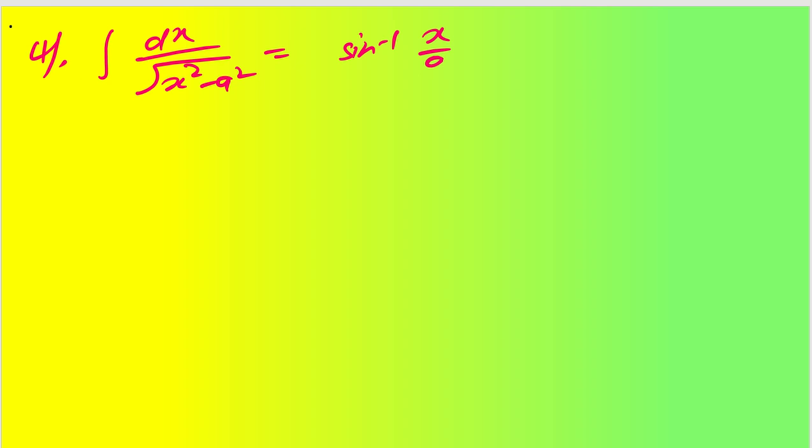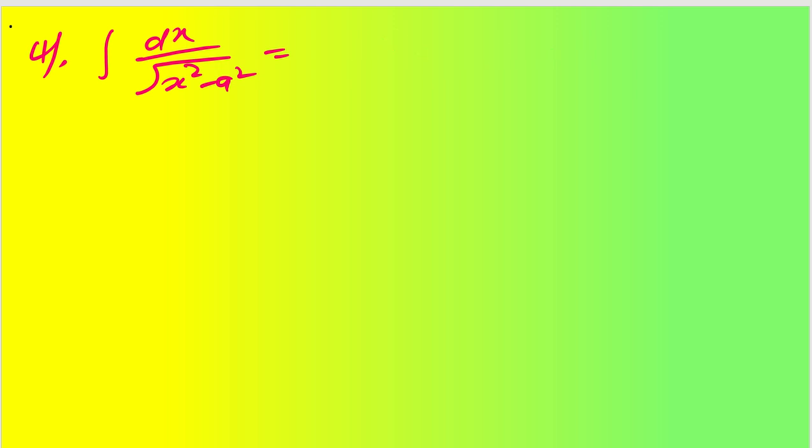Next one will be fourth one, integration of dx by square root of x square minus a square. So this is going to give you sine inverse of x by a plus some constant c, right? No, not this. It will be a log term.